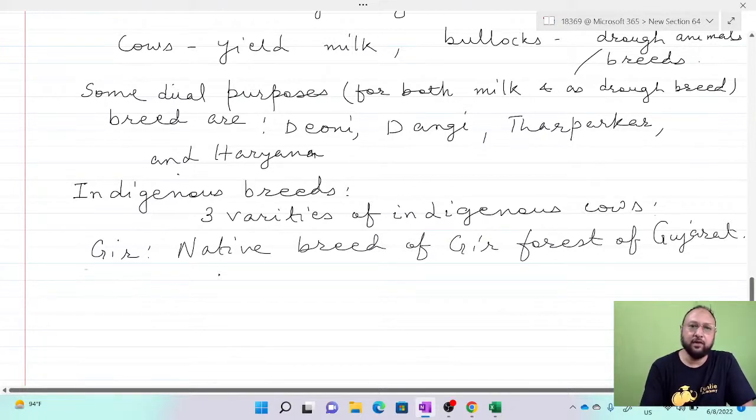Another one, after Gir, is the Sahiwal, another famous breed. It is a large breed with a heavier build.